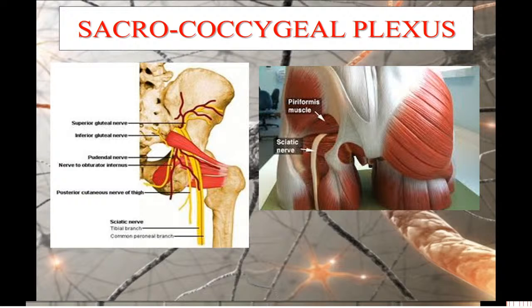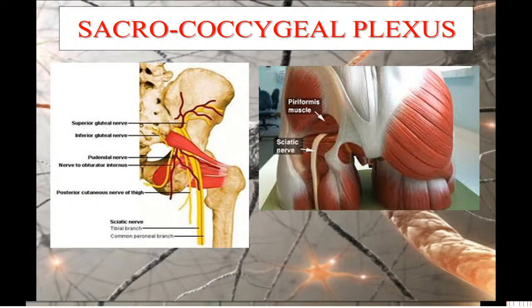Muscles of the lateral compartment are supplied by the superficial peroneal nerve, which is the branch of common peroneal from the same sciatic nerve. And muscles in the anterior compartment are supplied by the deep peroneal nerve, which is also from the sciatic nerve.